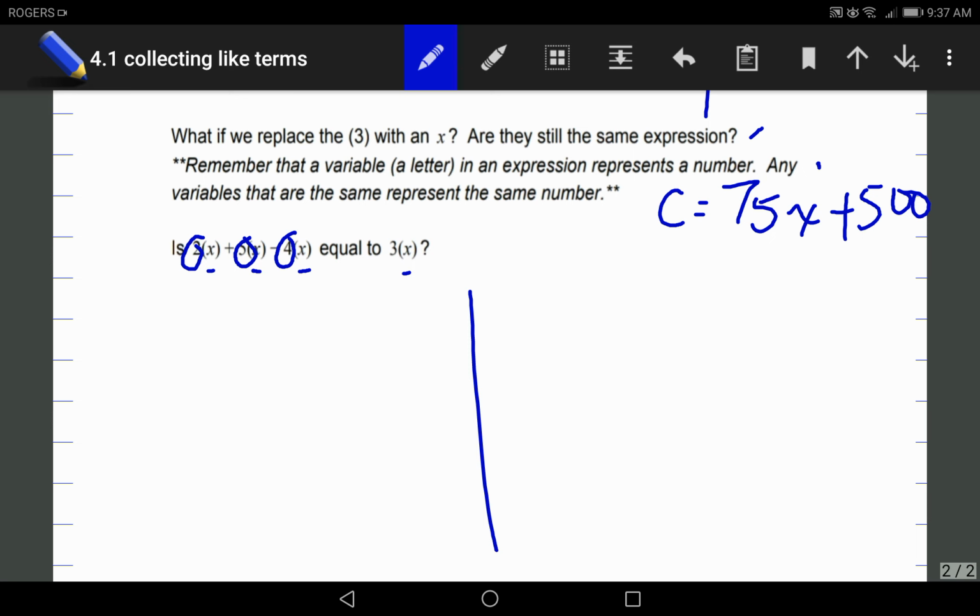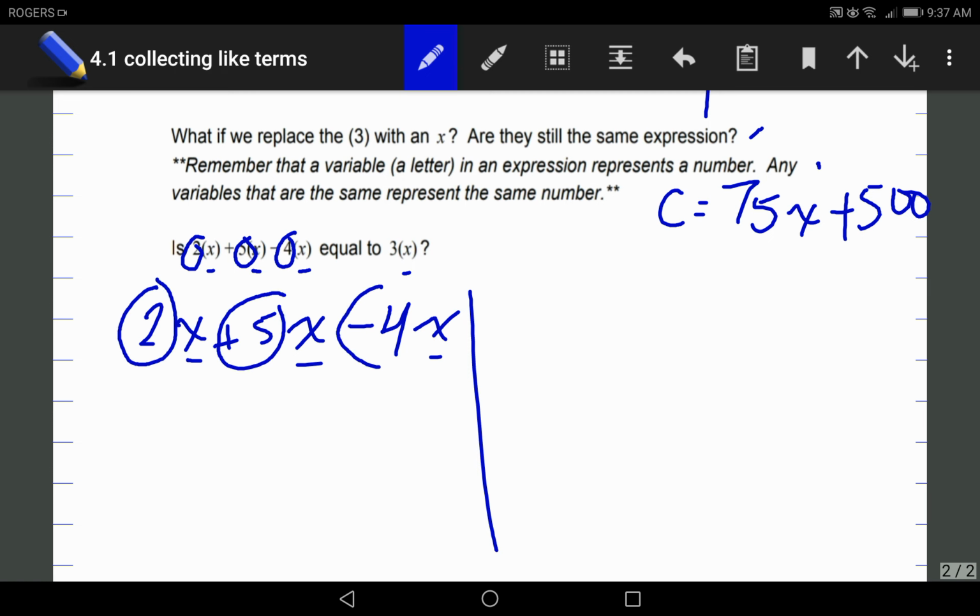So all we need to do is 2x plus 5x minus 4x. Because they're all the same letter, we can just add and subtract what's called their coefficients and simplify it.